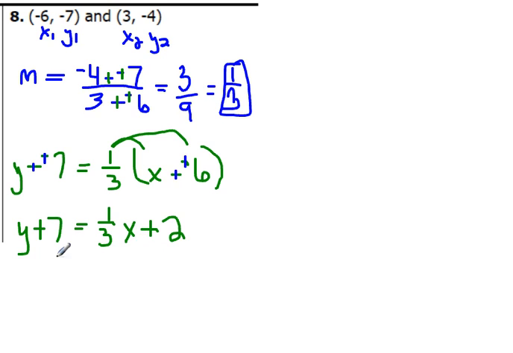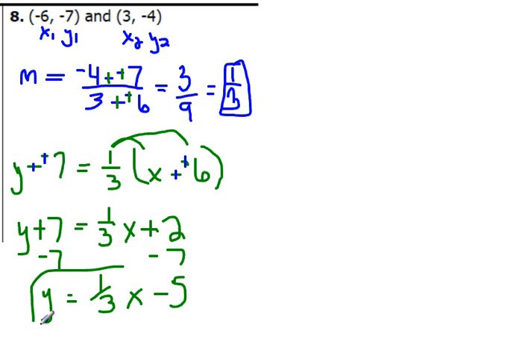Okay, we're almost done. So now we just need to get the y totally by itself. So we're going to subtract 7 on both sides. So y equals 1/3 x minus 5. So there's our equation of our line given 2 points.